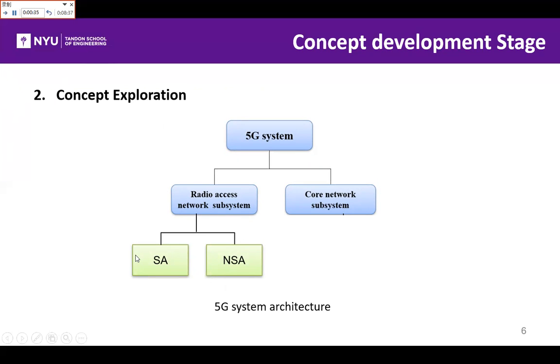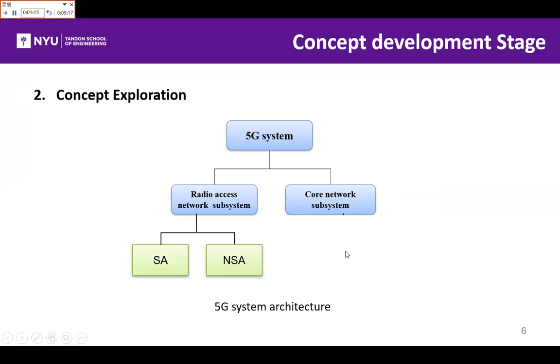SA stands for standalone network, and NSA stands for non-standalone radio access network. The first one, SA, means that it uses only a single radio access cell, NR or LTE. Here, NR represents new radio, and LTE is long-term evolution, which is applied in the 4G system. The second one, NSA, means that it will combine these two technologies together.